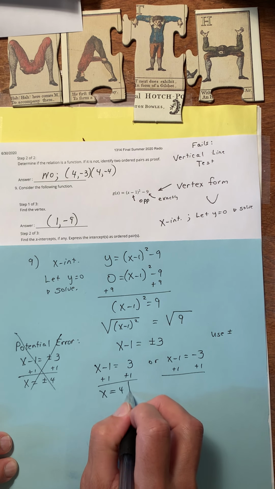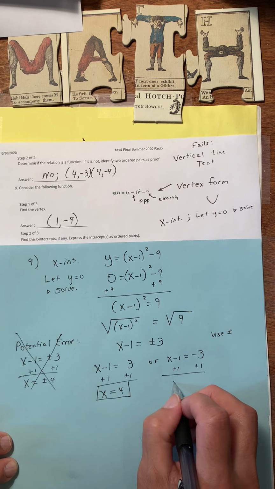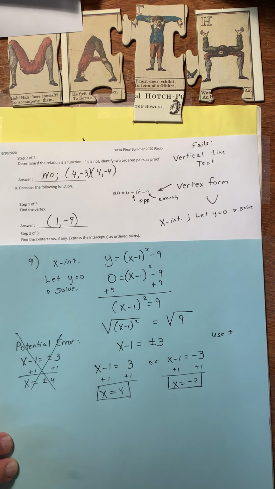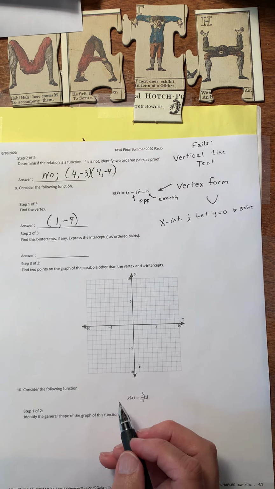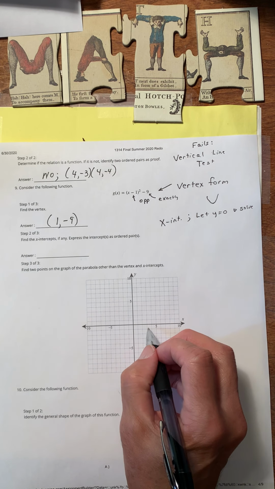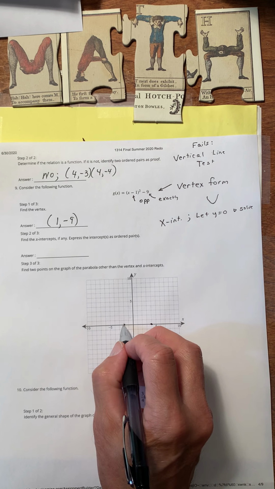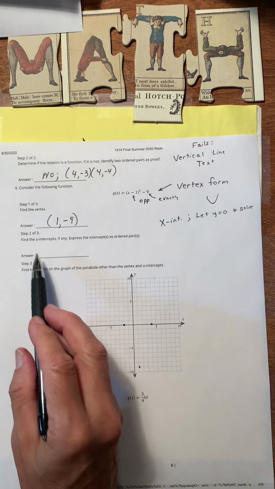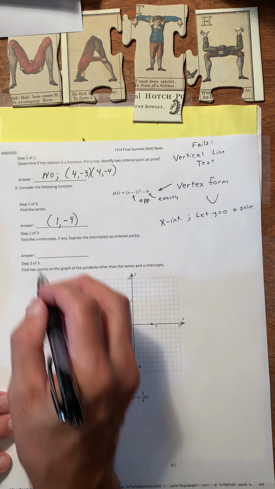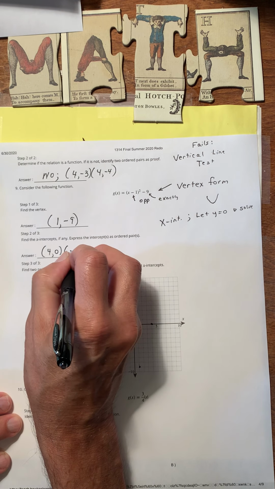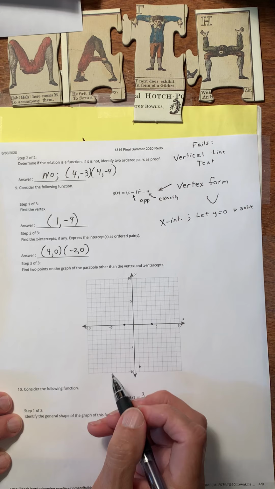x is 4. There's my first x-intercept. x is negative 2. There's my second x-intercept. So my two intercepts are at 4 and at negative 2. Find the x-intercepts. They are 4, 0 and negative 2, 0.